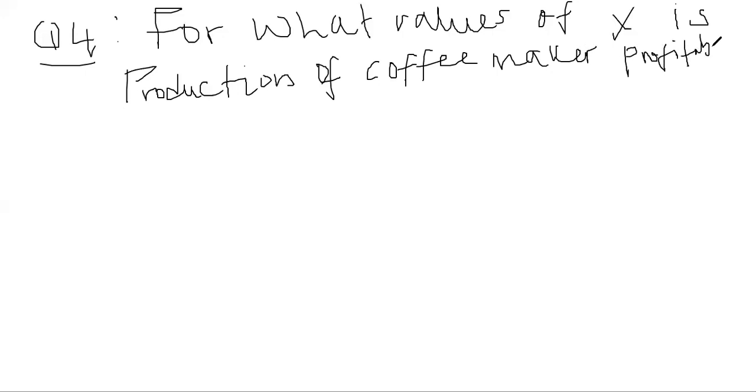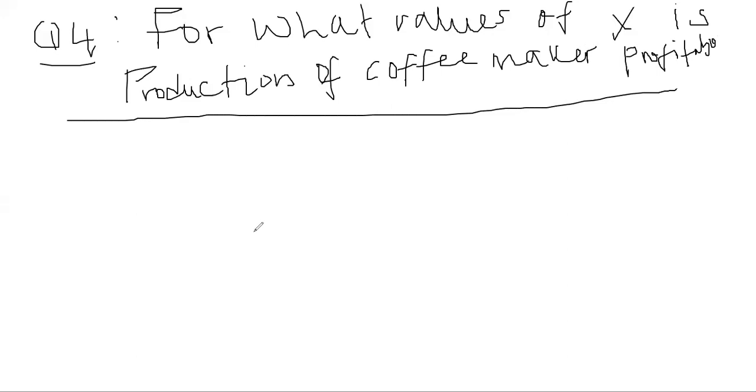So what this question is asking you is very simple. Before we go, let's try to understand the question. It is asking you from what range, from where to where, the production of coffee maker is profitable. If you look at this, it's talking about profitable.